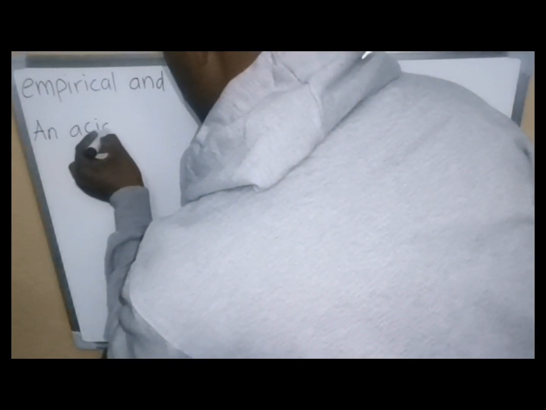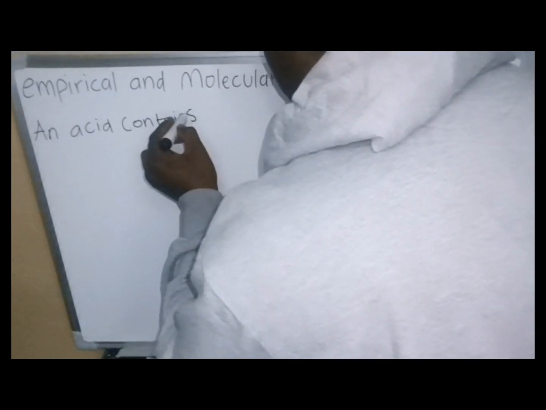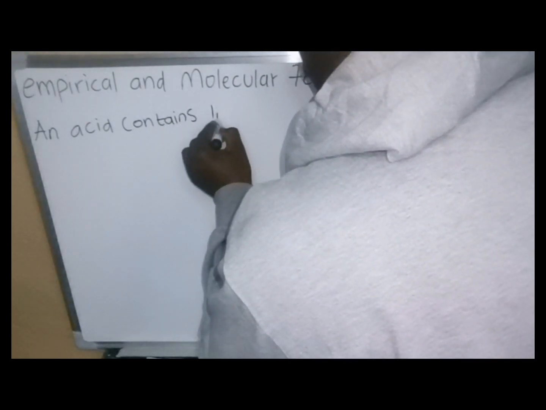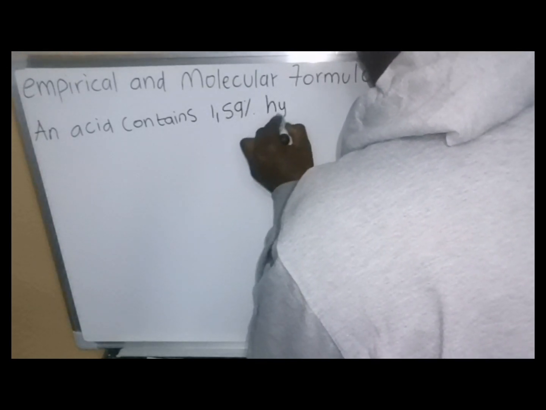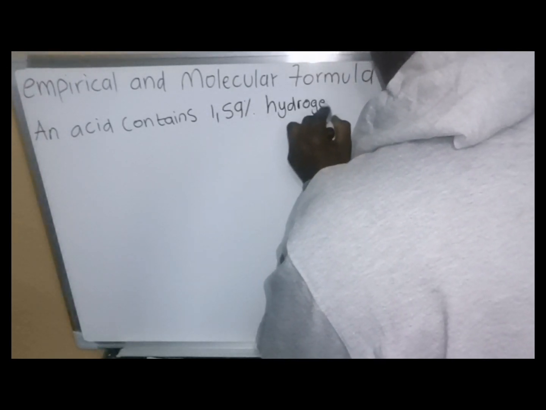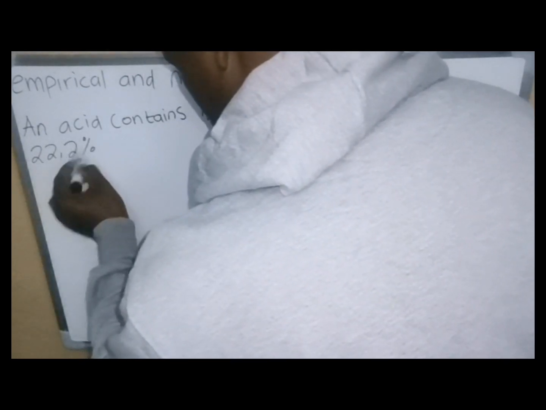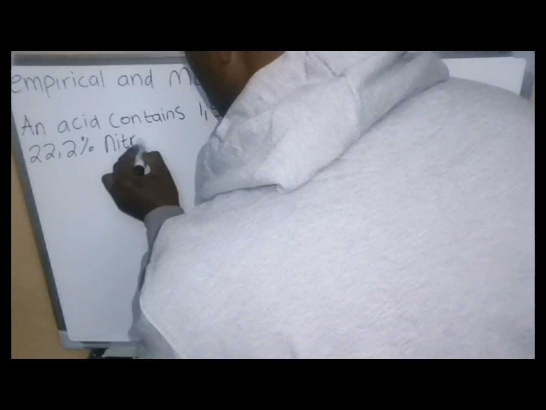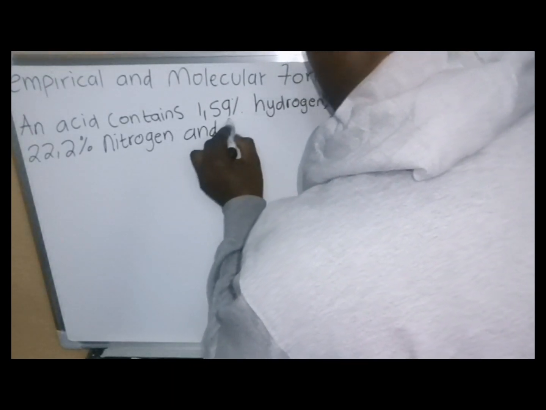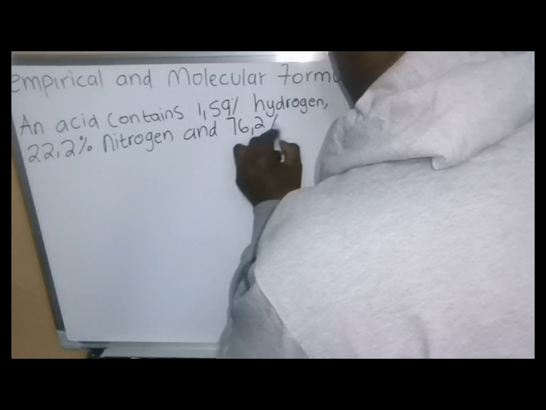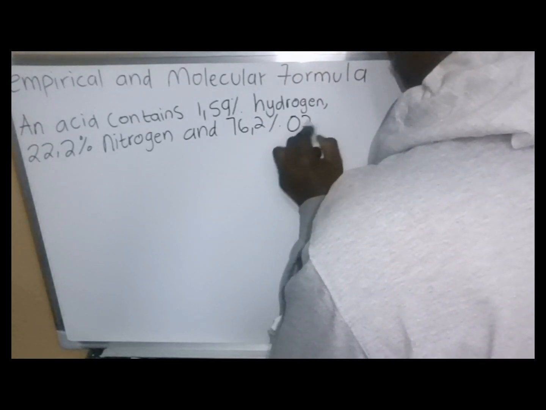An acid contains 1,59% hydrogen, 22,2% nitrogen, and 76,2% oxygen.